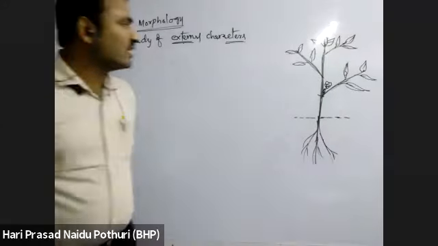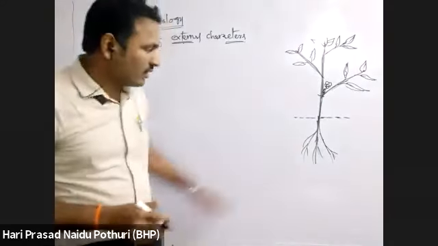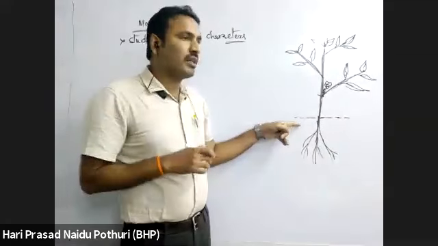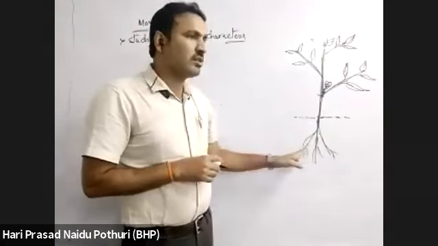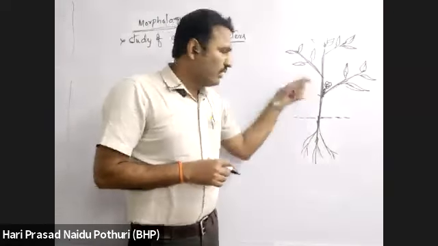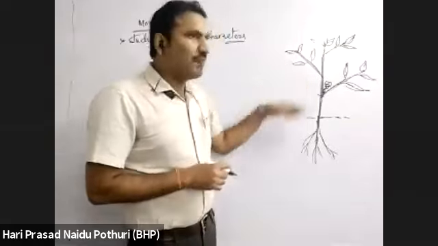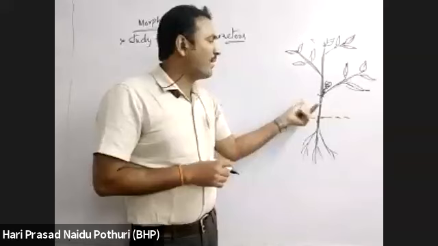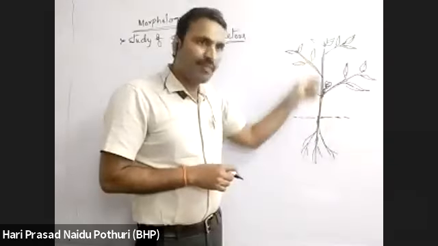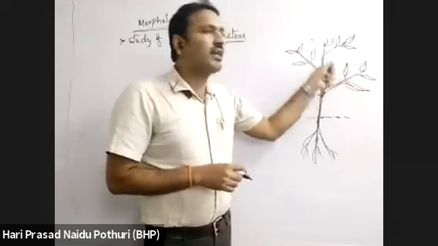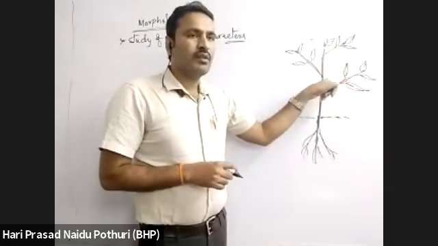If we take a plant from the soil, we can observe the root, root branches, and different parts of the root. Similarly, above the soil, we can see the main stem and its lateral branches and where leaves are there.